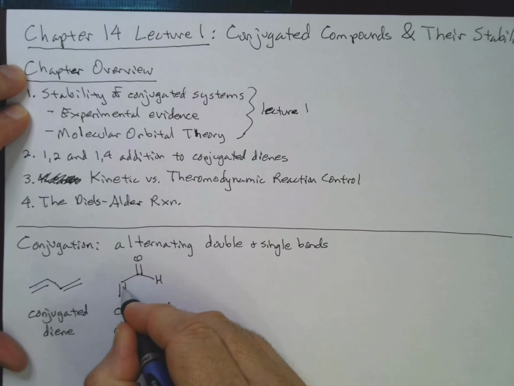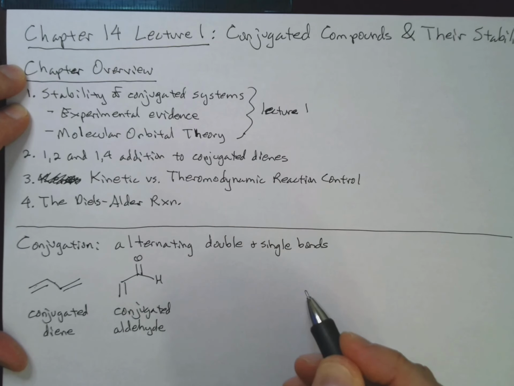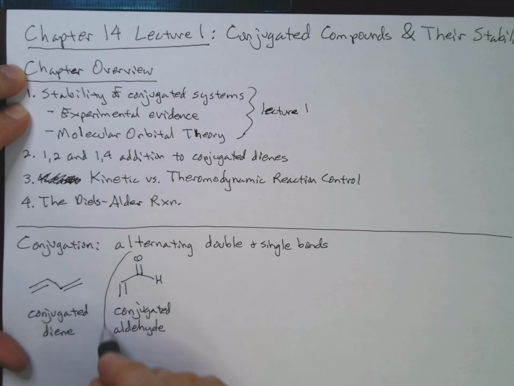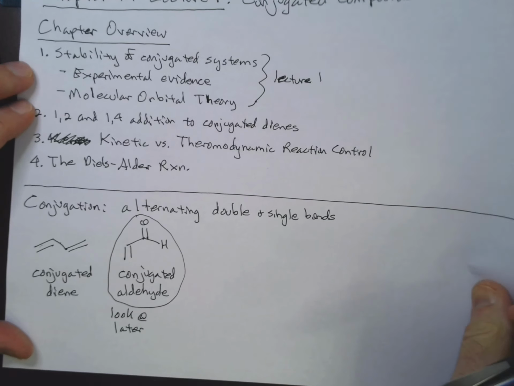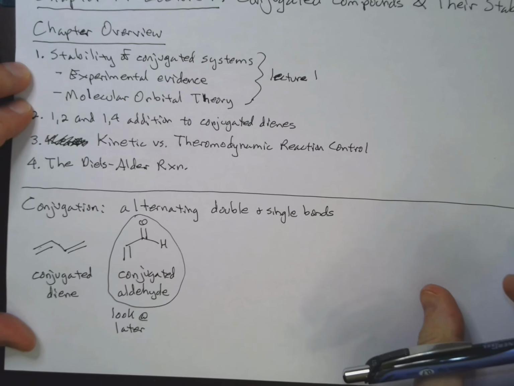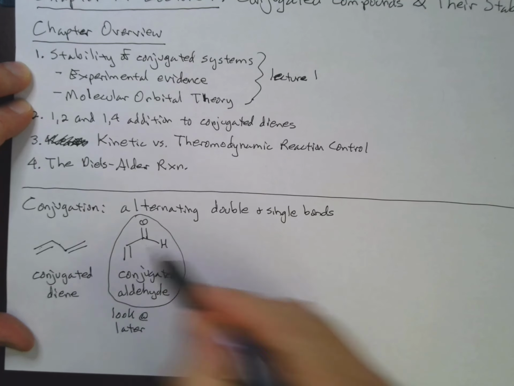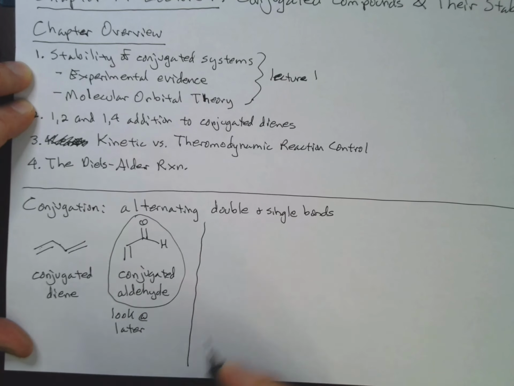The C=C double bond is conjugated with a C=O double bond. Now, we'll look at this later. We haven't really looked at conjugate addition, but we'll look at this later on this semester. But for now, let's focus on the conjugated diene.